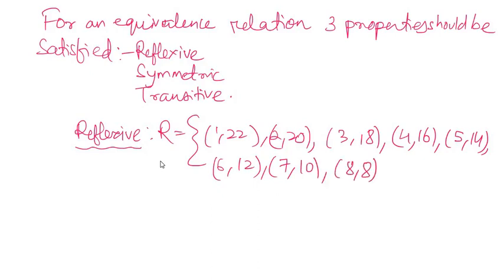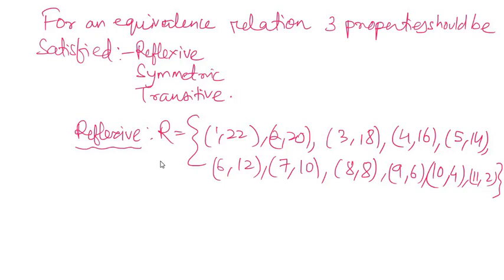For 8 it is 8. For 9 it is 6. And for 10 it is 4. And for 11 it is 2. Okay, hope you are getting the ordered pairs.